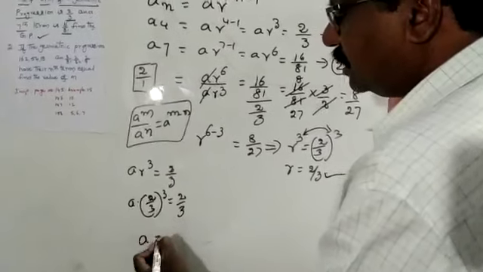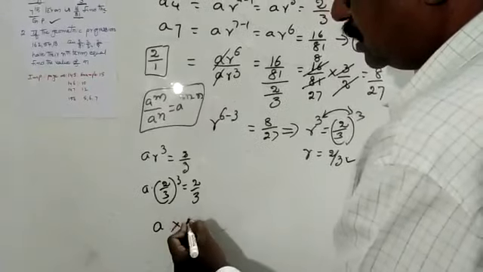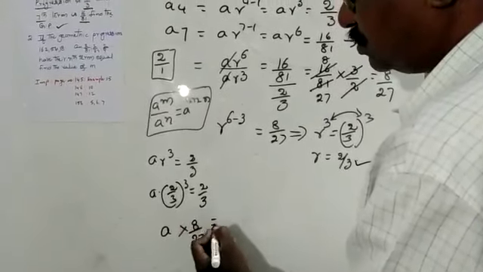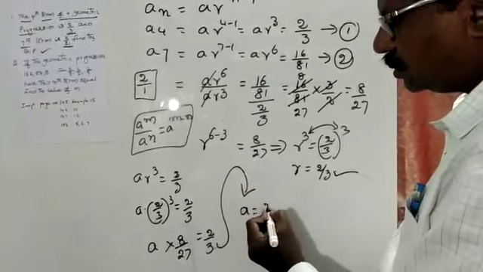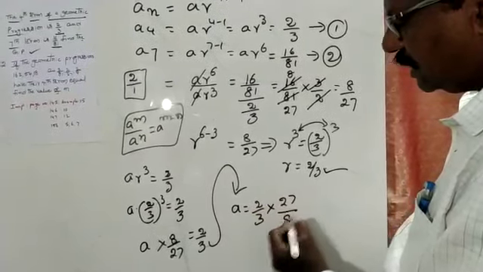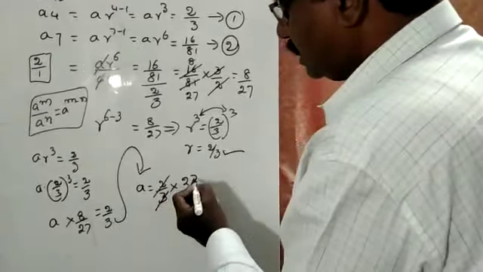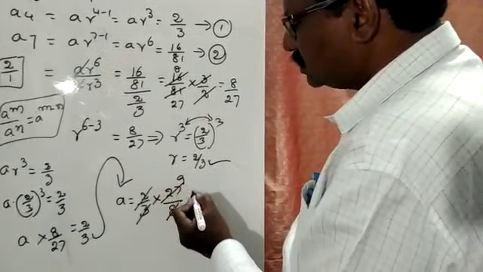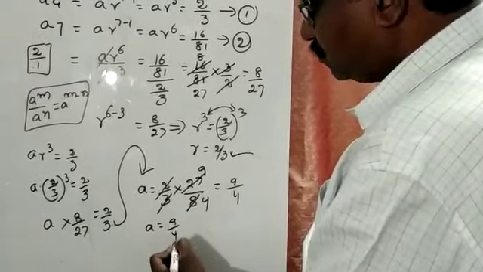So A into 8 by 27 is equal to 2 by 3. A is equal to 2 by 3 into 27 by 8. 2 will be cancelled 4 times, 3 will be cancelled 9 times. That is equal to 9 by 4. A is equal to 9 by 4.